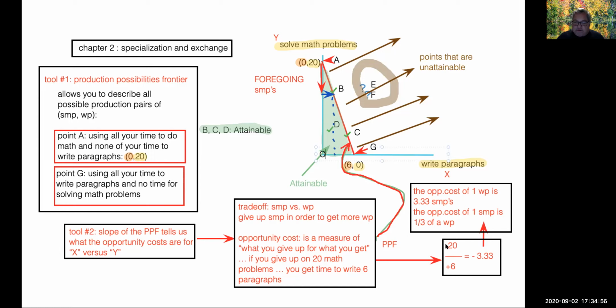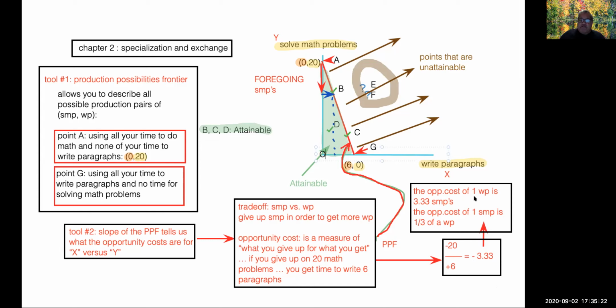So what I give up is 20 math problems solved, and what I get in return is 6 written paragraphs. So that's how we have a measurement of the opportunity cost, what I give up for what I get. So when I divide the minus 20 over the plus 6, I get a minus 3.33. And what that number represents is the opportunity cost of a written paragraph.